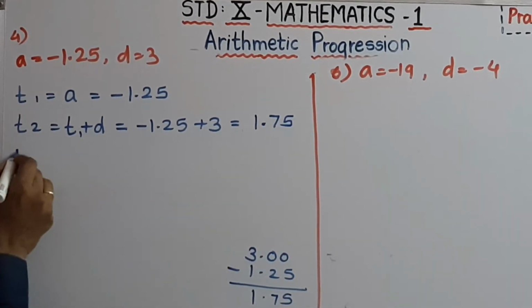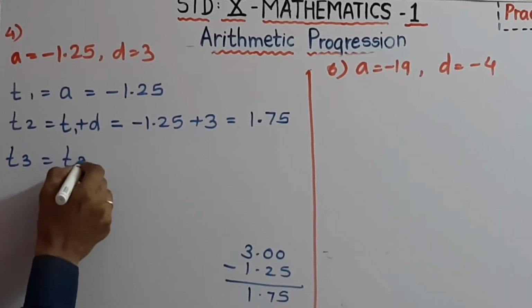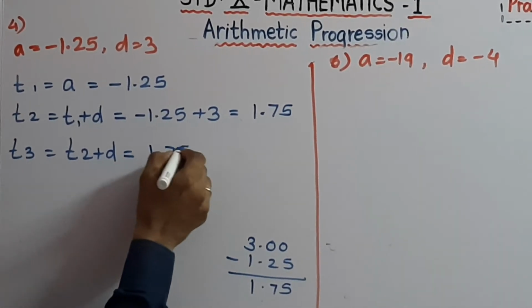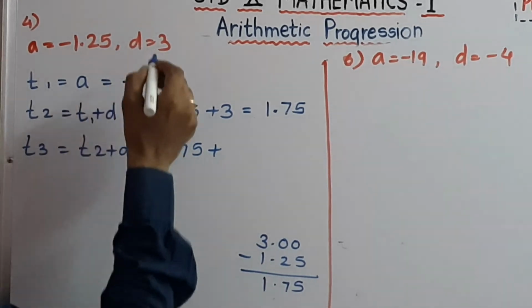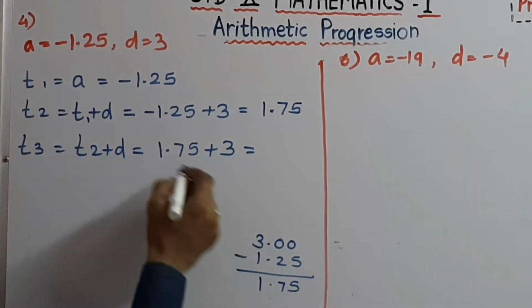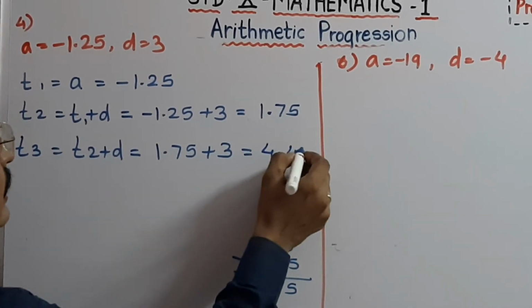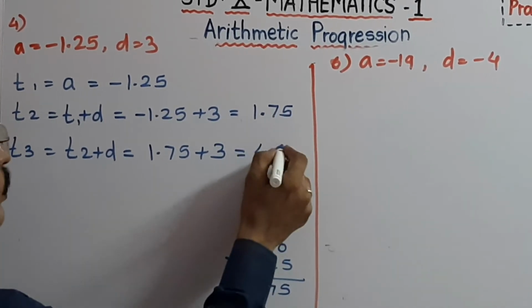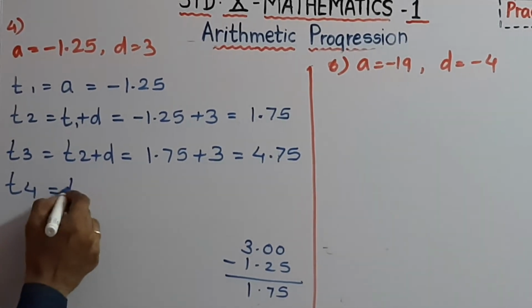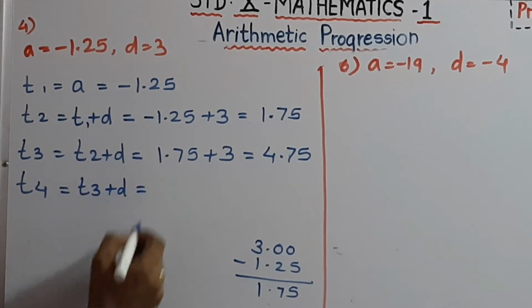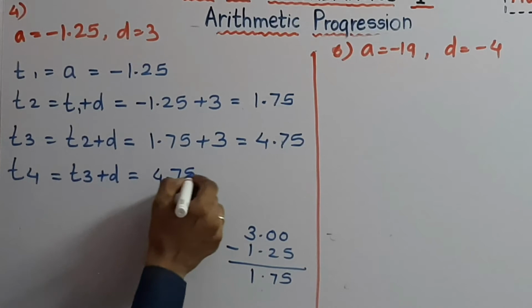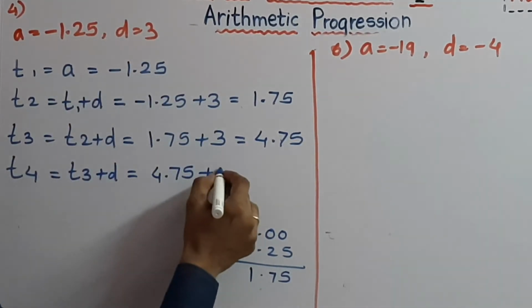It is 1.75. Now T3 is equal to T2 plus D. Now T2 is 1.75 plus what is D? D it is 3. Then it is 4.75. Now T4 is equal to T3 plus D. T3 is 4.75 plus common difference is 3.